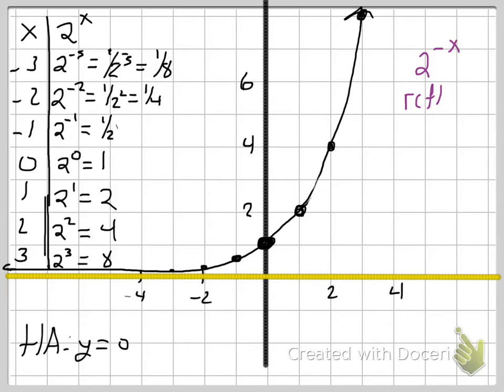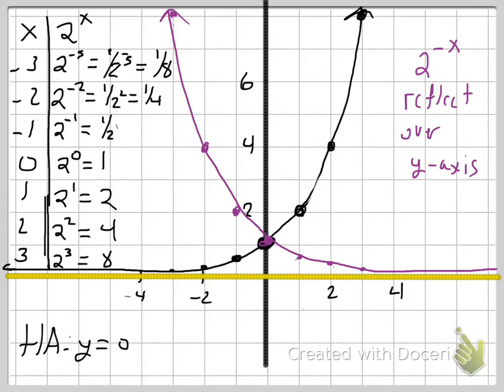And then I'm going to do a reflection of this. So if we look at 2 to the minus x, that minus in the argument is going to reflect it over the y-axis. So then we can go ahead and use the y-axis right here. Use this y-axis.